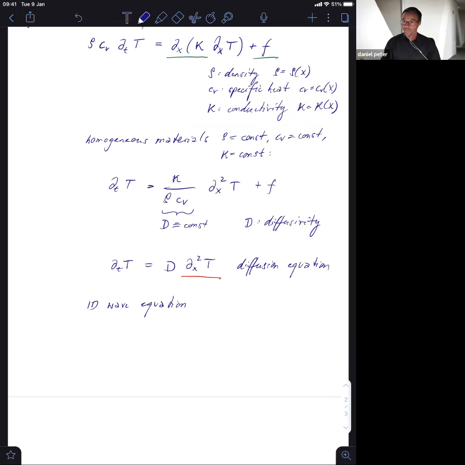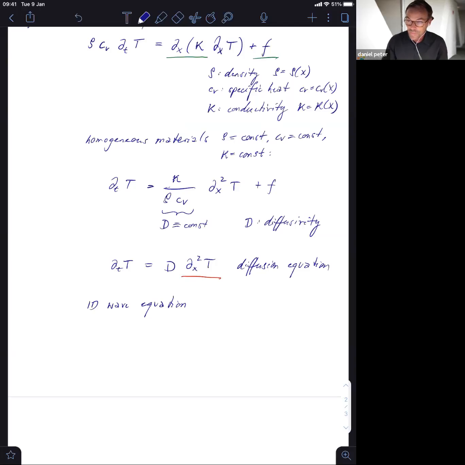Who can tell me what to write down for the wave equation? The right part? Say it again? Did you mean the right part, or the left part of the equation? Well, start with the left one.